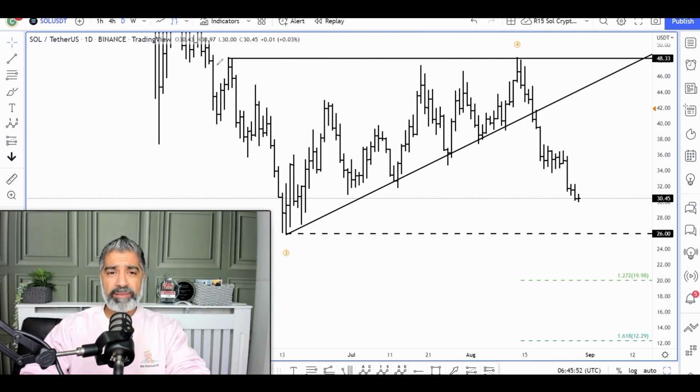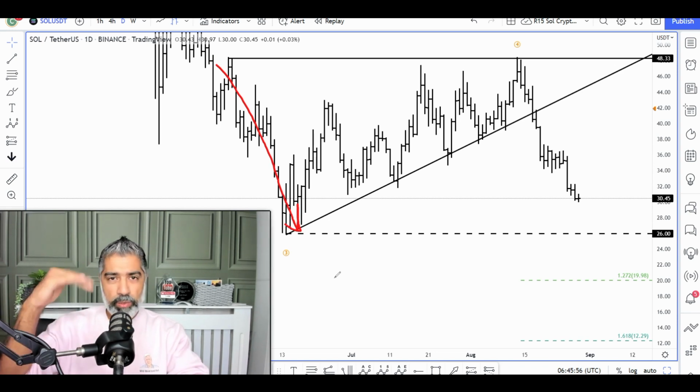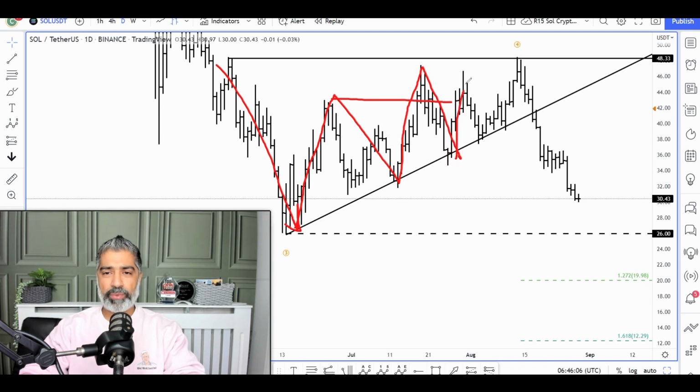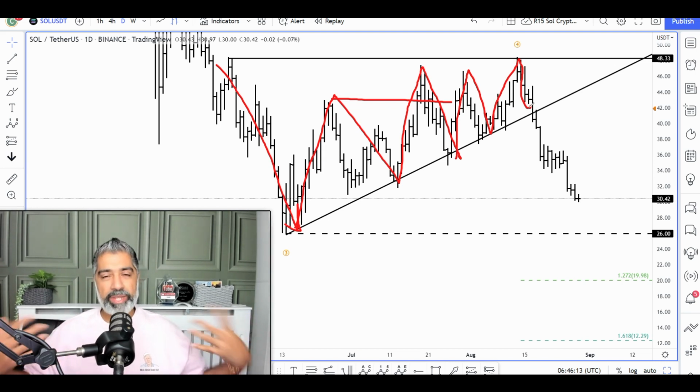It's when the market moves aggressively on one side, so it's impulsive, meaning lower lows and lower highs. But then the movement to the upside is overlapping waves, and basically the wave structure overlaps into the previous wave structure. So this is of a corrective nature. In other words, it's the market showing weakness, right?